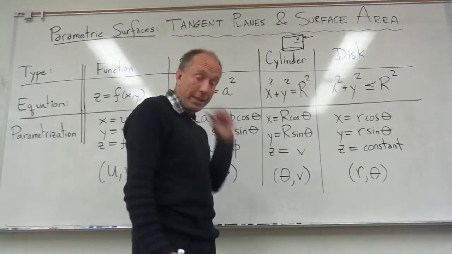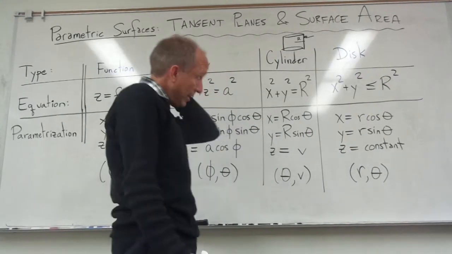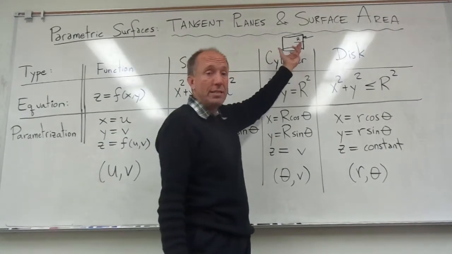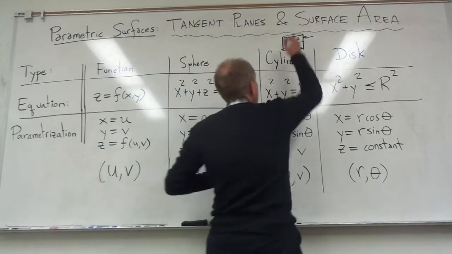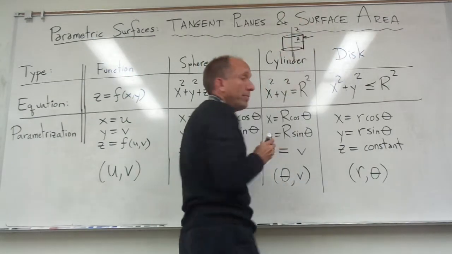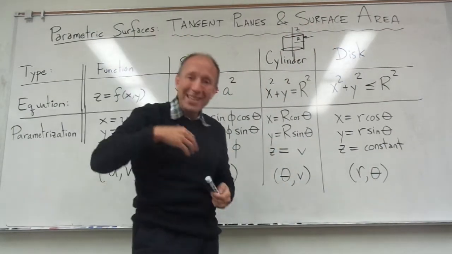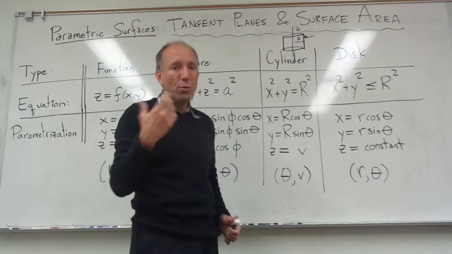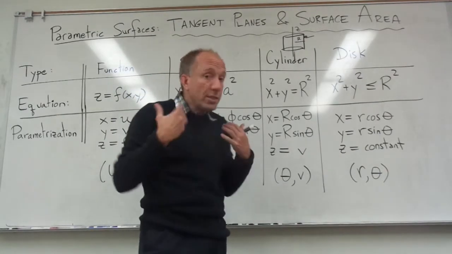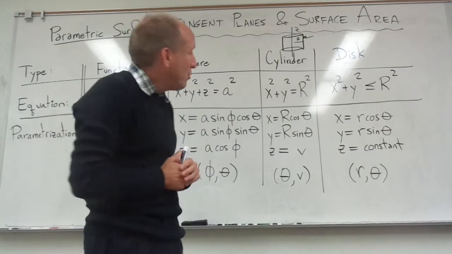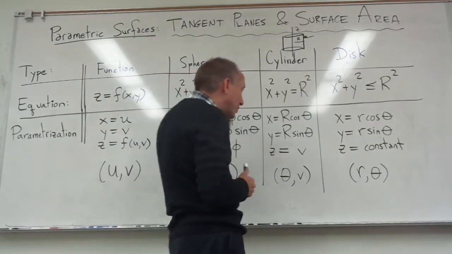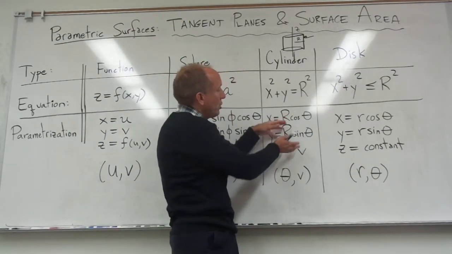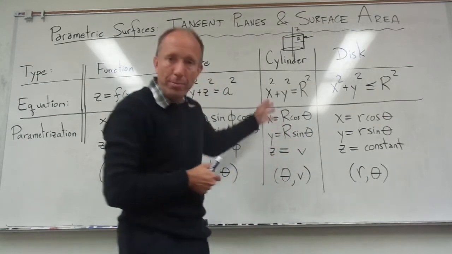Okay? Now the other thing I want you to realize, guys, is that if your cylinder is not oriented along the z-axis, let's say that the cylinder is oriented along the x-axis or the y-axis, you can still parametrize it. But what you'll have to do is exchange the roles of these variables a little bit.